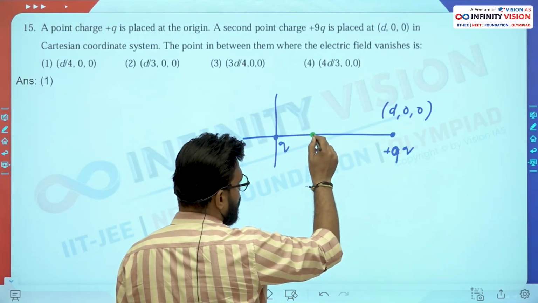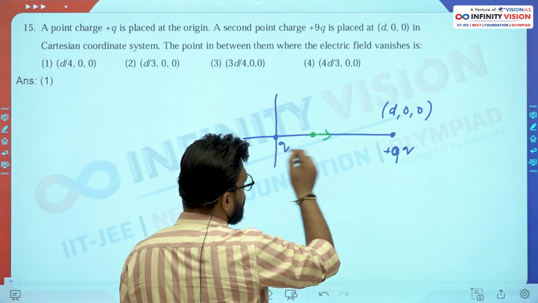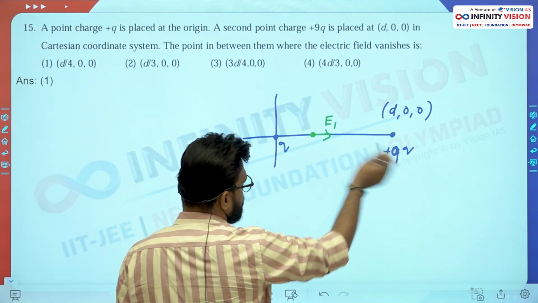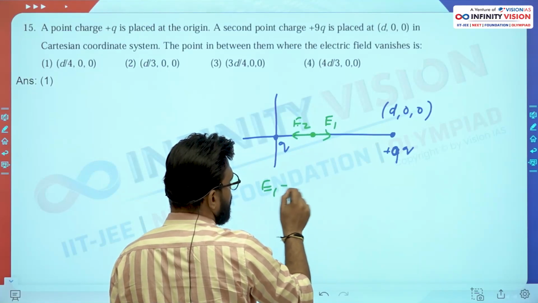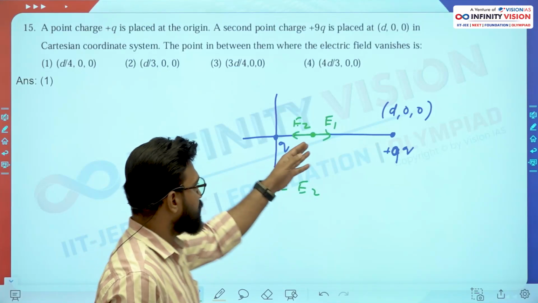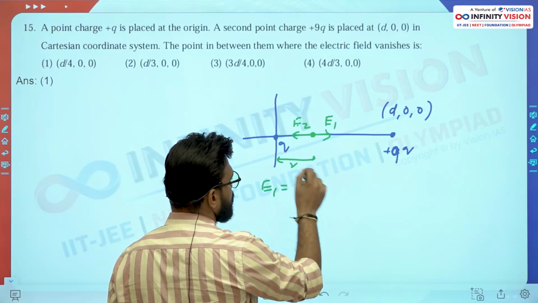Suppose that this is the point at which the electric field because of these two would be 0. So the electric field because of the small q charge, let it be E1, and the electric field because of the charge 9q would be E2. So E1 must be equal to E2 in magnitude, so that the fields because of these two cancel out. Let this be at a distance of x.